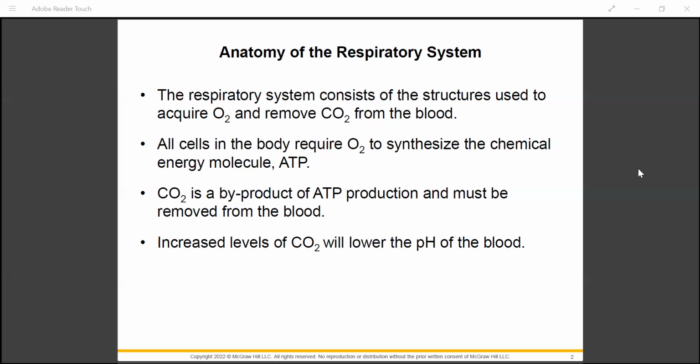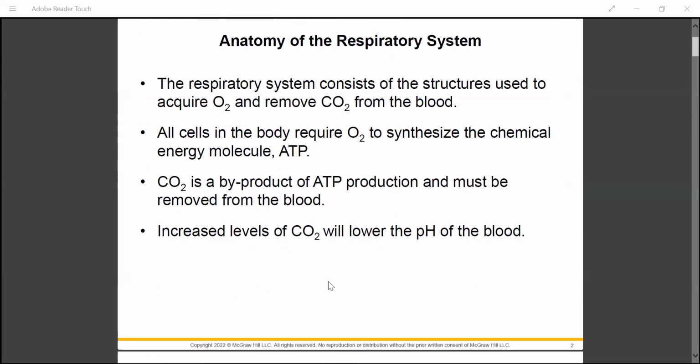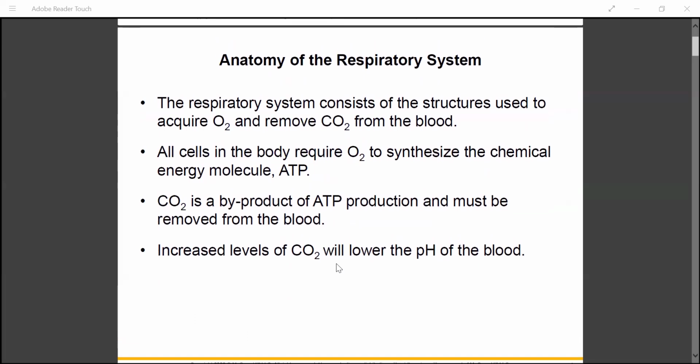For pH, we only have a 7.35 to 7.45 normal range. So we need to make sure that CO2 levels stay in check. Before I move on, let me highlight that one of our respiratory system's functions is to help regulate pH. That's one of the less obvious functions of the respiratory system that you need to know for the test.